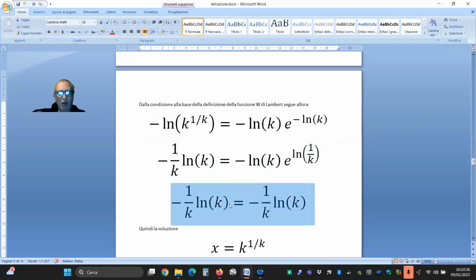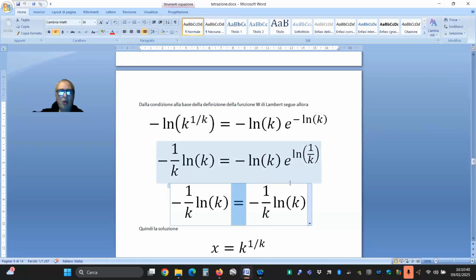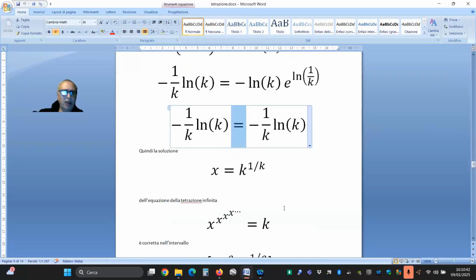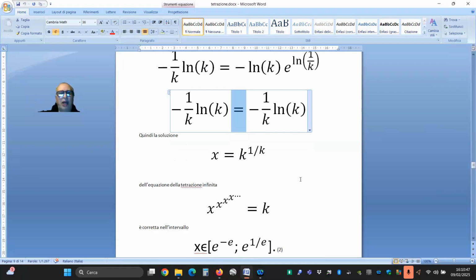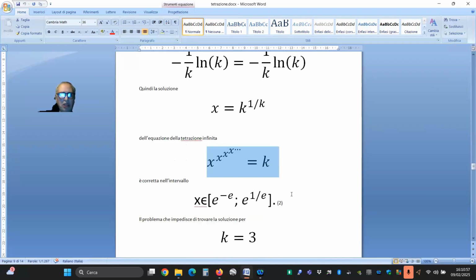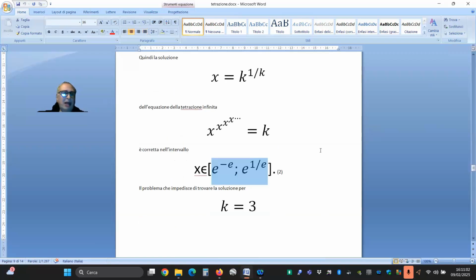We have obtained our identity. If we want, here we could replace this sign with the identity sign. So we have reached the end. We have demonstrated that this function is the solution to the parametric equation of infinite tetration in the interval that Euler authorized for us, essentially, in this interval here.